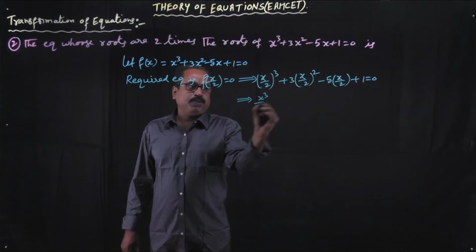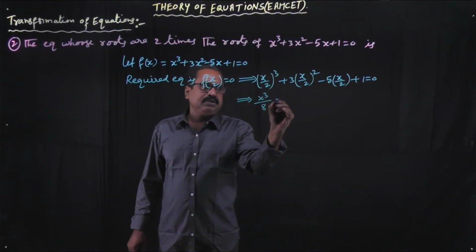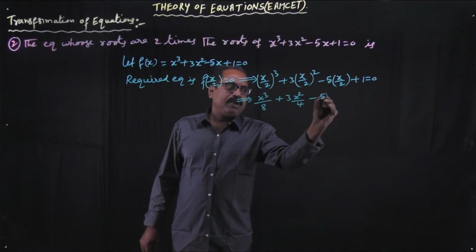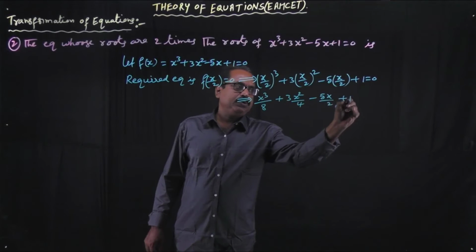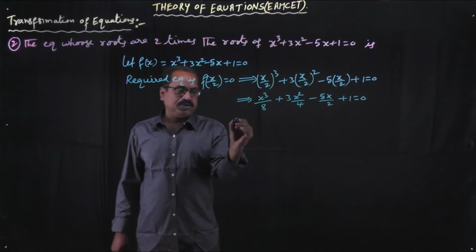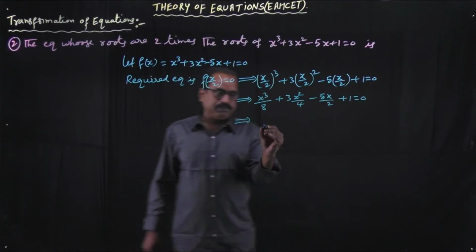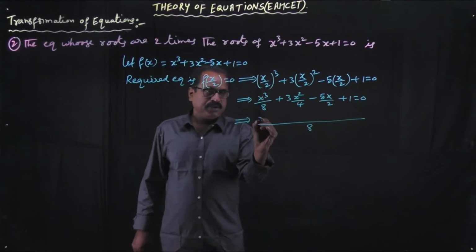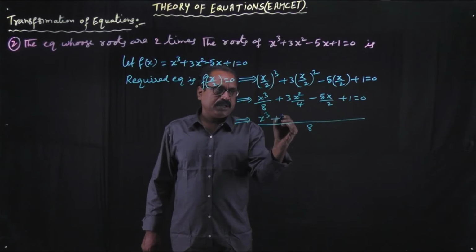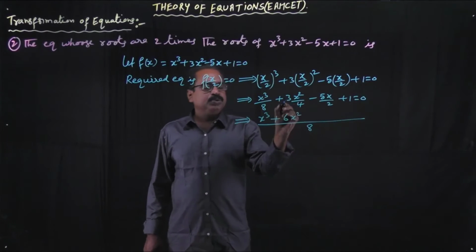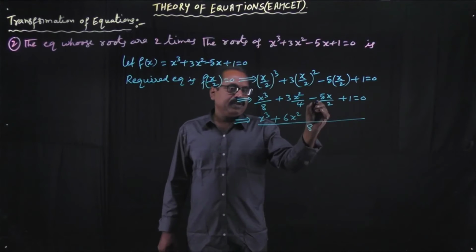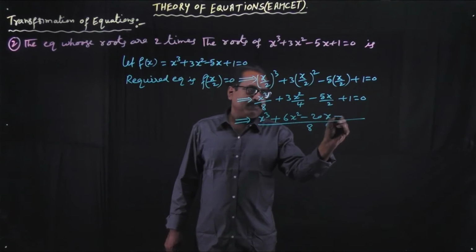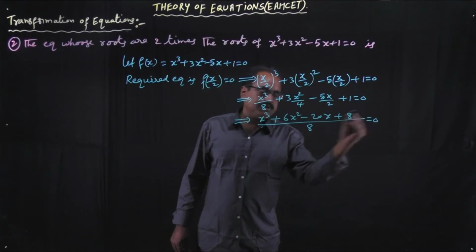So x cube by 2 cube, that is 8, plus 3x square by 4 minus 5x by 2 plus 1 is equal to 0. Here the LCM is 8: x cube plus 2 into 3, that is 6x square, minus 4 into 5, that is 20x, plus 8 is equal to 0.